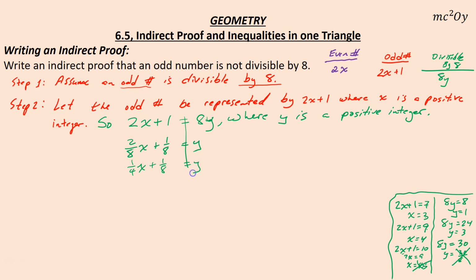That means in order for me to get a value out that's going to be a whole number, x is going to have to be a portion of a number. And we know x can't be a portion of a number if it's an odd number. It has to always come out to be a whole number.